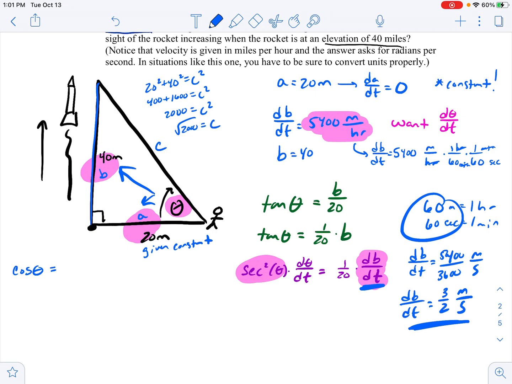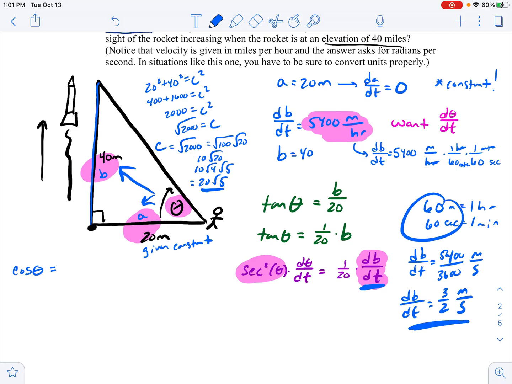So radical 2,000 is c. And there's one way to get your answer. There's radical 2,000. Clean it up or don't. That's up to you. That would be 100 times 20, which is 10 radical 20, which is 10 radical 4 radical 5, which is 20 radical 5, if we're taking the time to clean this up.